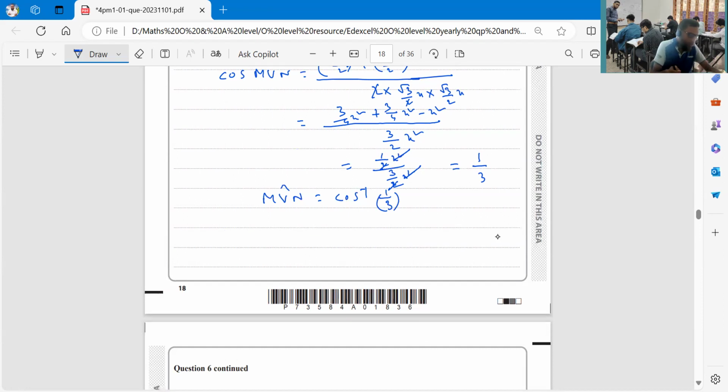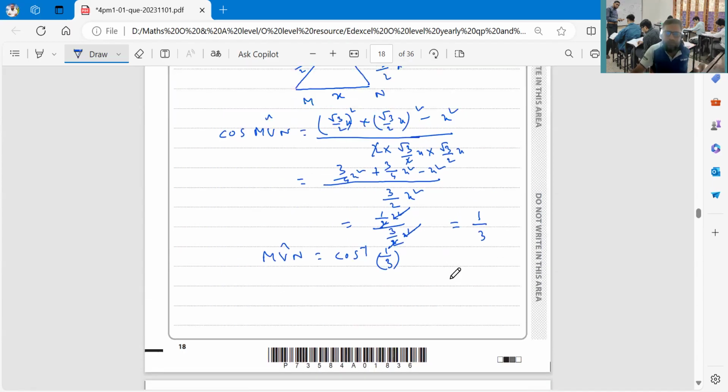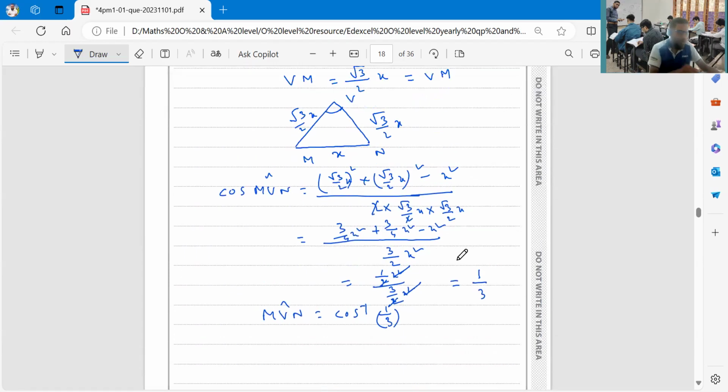In the calculator, root 3 by 2 square, so 3 by 4 plus 3 by 4 minus 1, it will be 1 by 2, 1 by 2 divided by 3 by 2, root 3 into root 3, 3 by 2, and it will be 1 by 3.